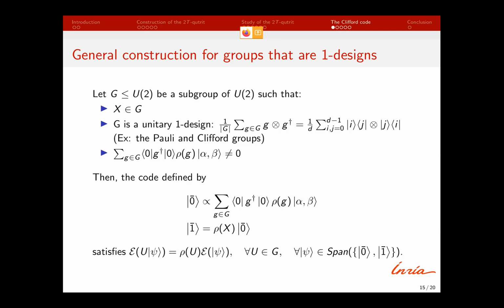Since we will only be interested in groups which contain the Pauli X, I've put that as a condition. It's not really necessary, and it's not written like that in the paper, but I think it's fine for the talk.